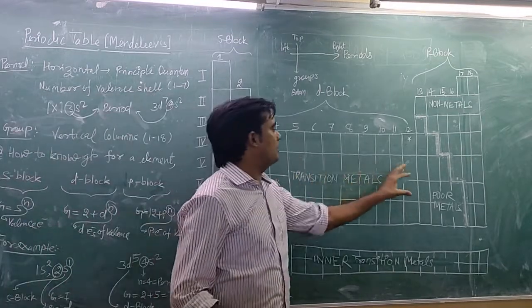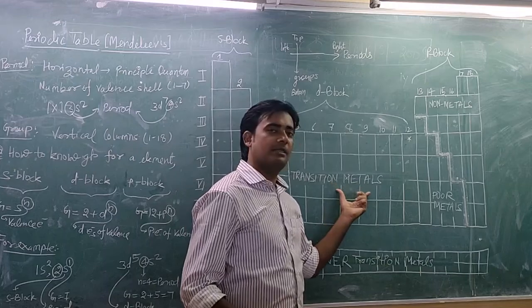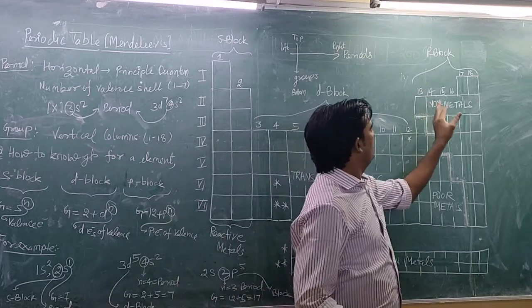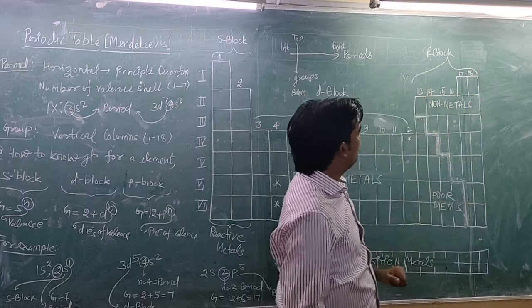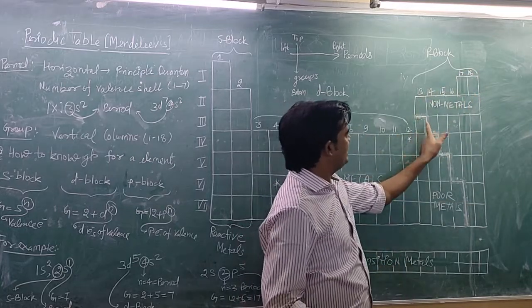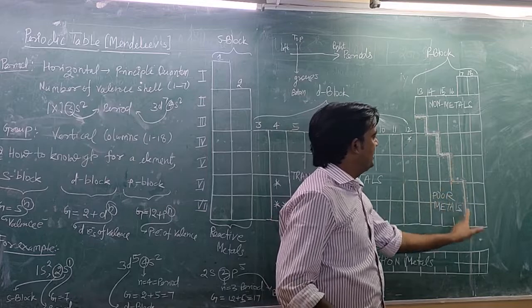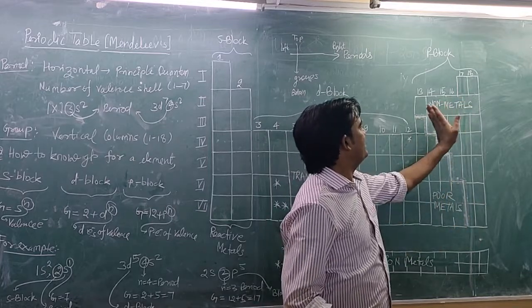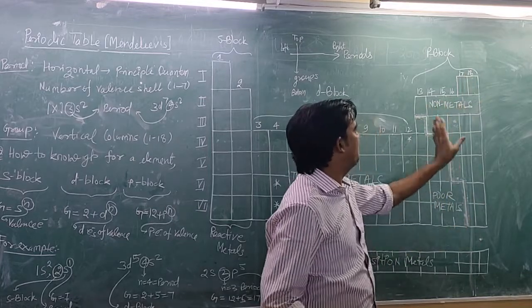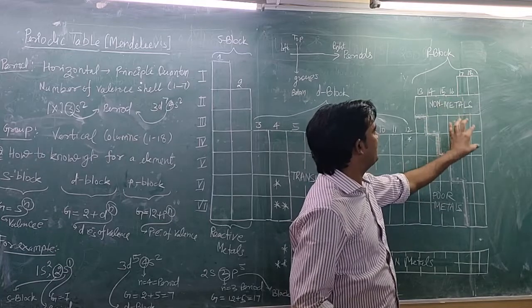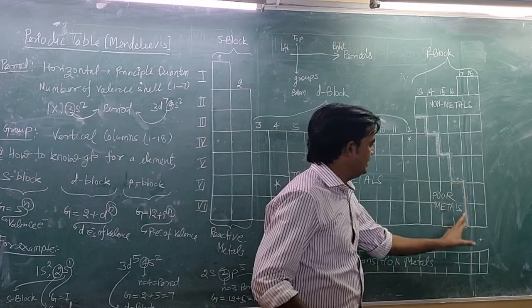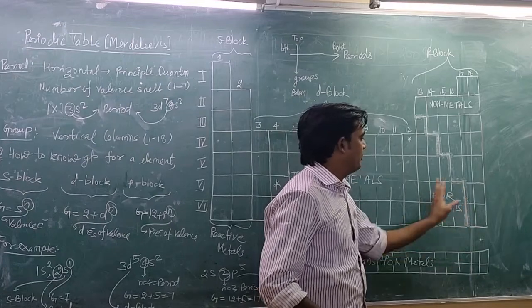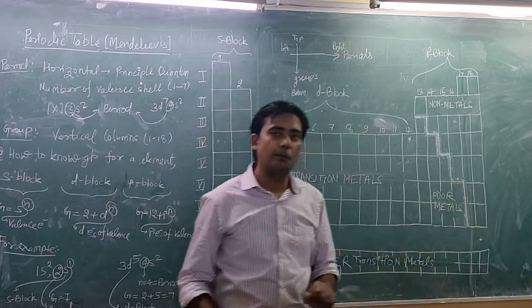These elements are known as transition elements, and if we look at groups 13 to 18, this is the separation line. You can see the elements above this separation are known as non-metals, while these two boxes of elements are known as poor metals.